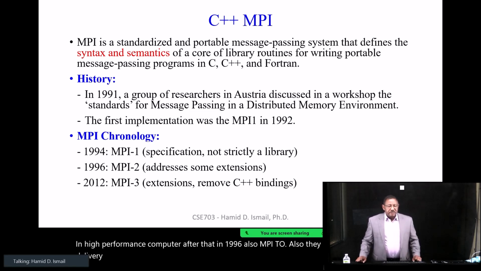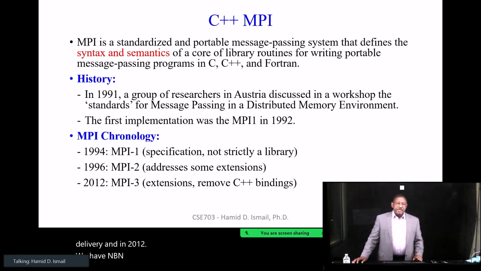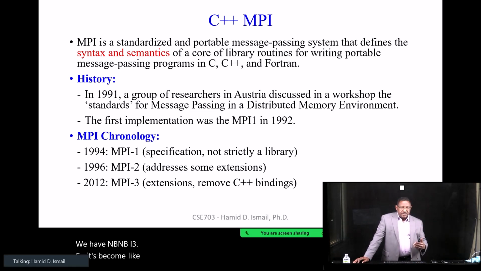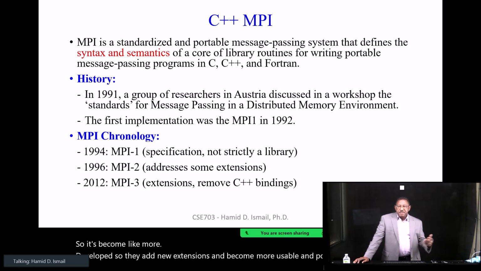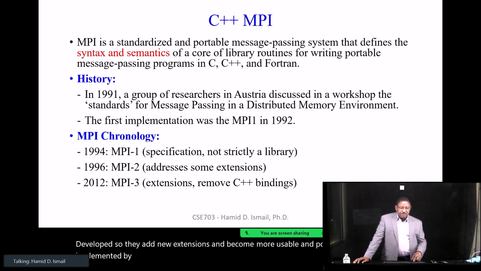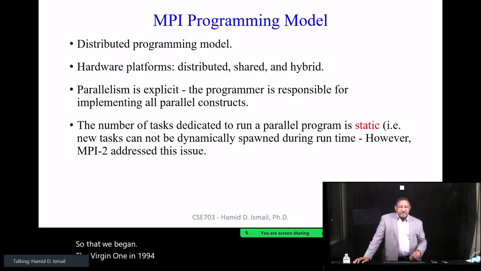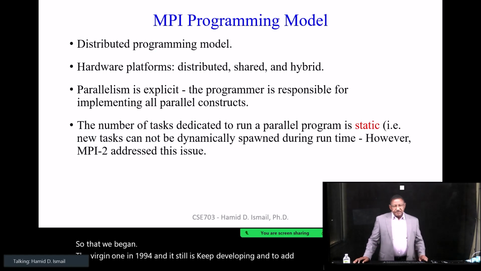And in 2012, we have MPI 3, which became more developed. They added new extensions and it became more usable and portable, and can be implemented on many platforms. So we began with version 1 in 1994, and it is still being developed, adding more standards.